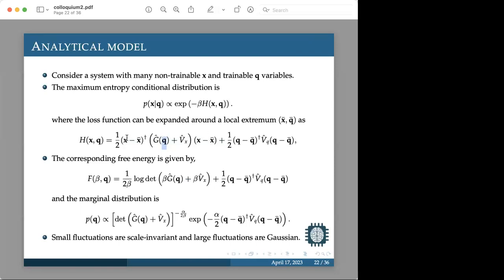Because of this quartic coupling, once you do your statistical mechanical analysis, take the integral of the partition function and then take a log, you obtain a result telling you that there are two parts to the free energy.